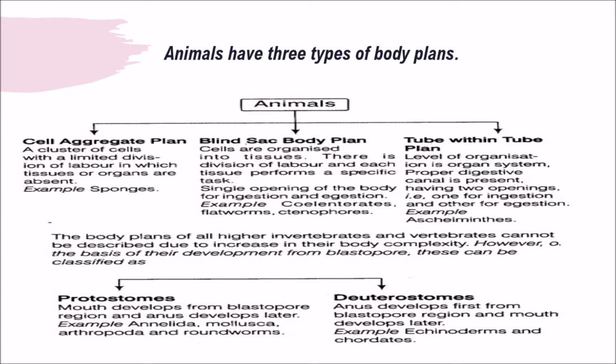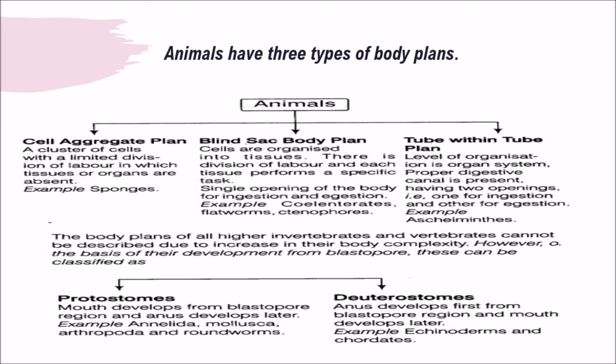There is a single opening of the body for ingestion and ejection. Examples are coelenterates, flatworms and ctenophores. You can see this in coelenterates, flatworms and ctenophores.